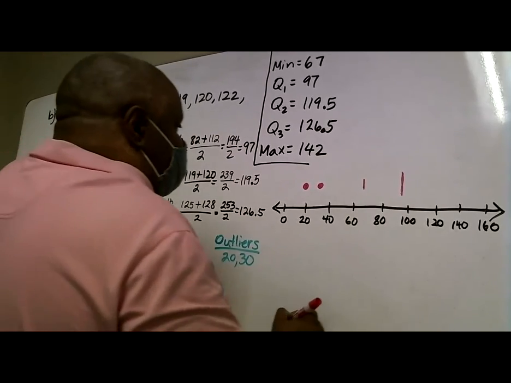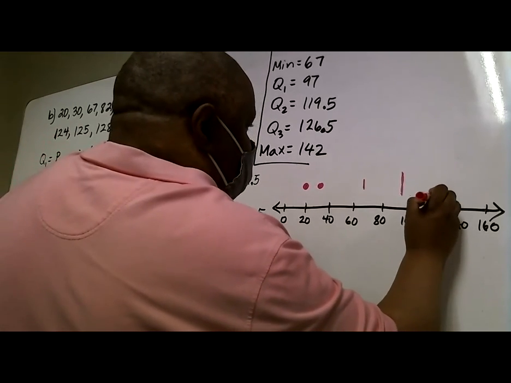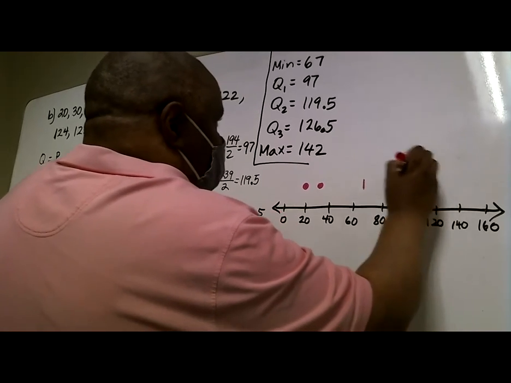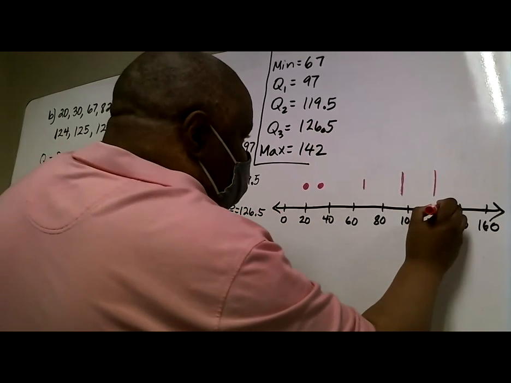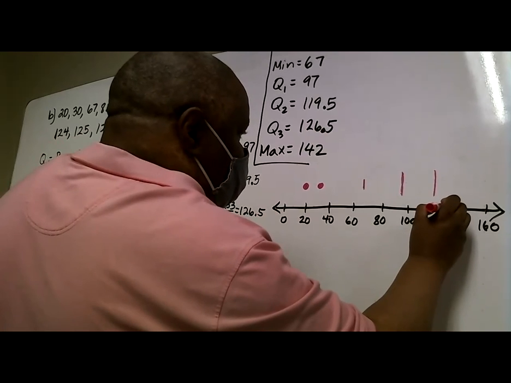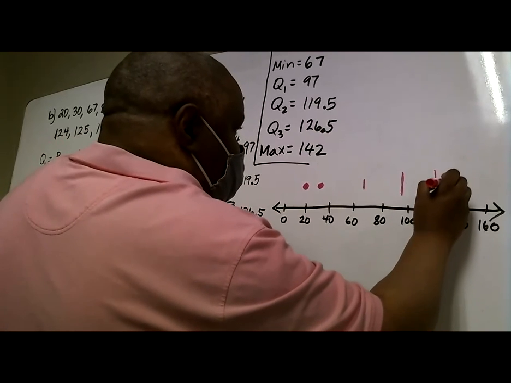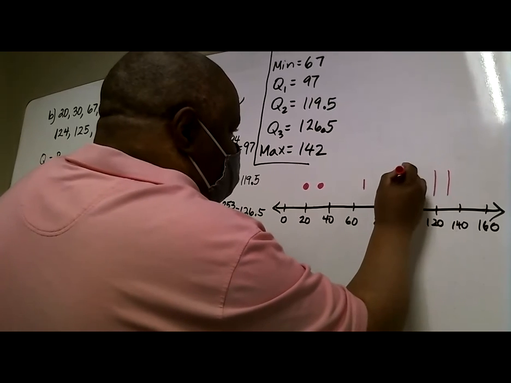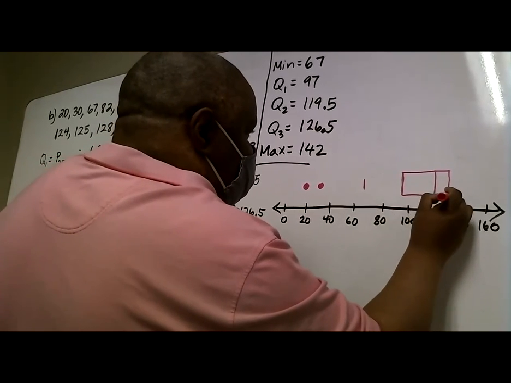Q2 is 119.5, almost 120. And then 126.5 is Q3, about right here. So these 3 lines create the box.